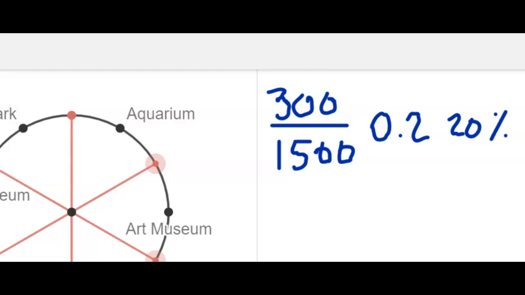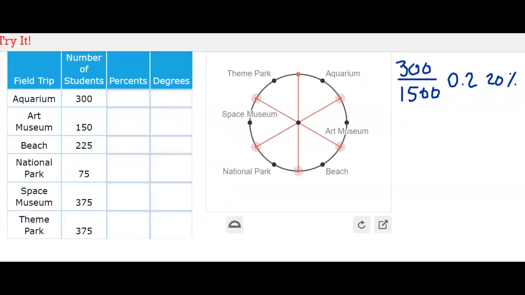And so for that very first field trip, we're going to have 20% as our percent. And then for the degrees, you take that 20%, keep it in decimal form, and multiply it by 360, and then you get your degrees. And for this one, it's 72.